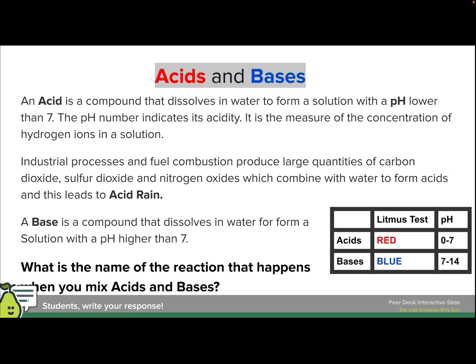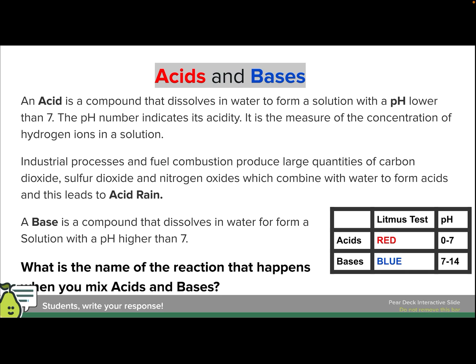A base is a compound that dissolves in water to form a solution with a pH higher than 7.